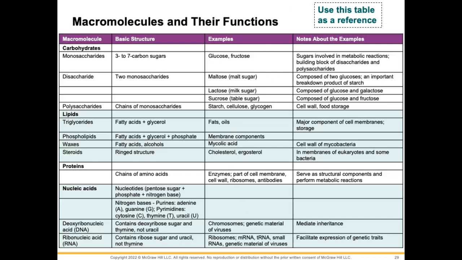And then we have nucleic acids, specifically DNA and RNA. So DNA mediates inheritance. Basically, it has the secret code to make up any specific cell or any specific organism, and RNA facilitates that code.